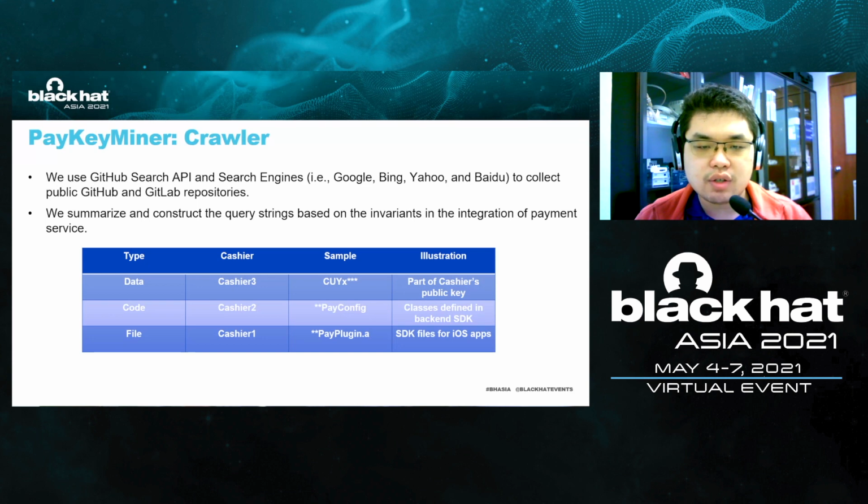Such environment can be either data, code, or file name. For example, the public key of Cashier 3 is global and shared among its merchant apps, so we construct the segment of its public key as one of our query strings.